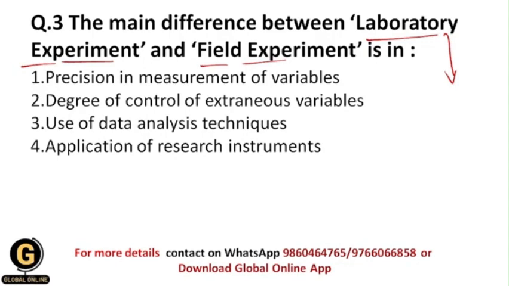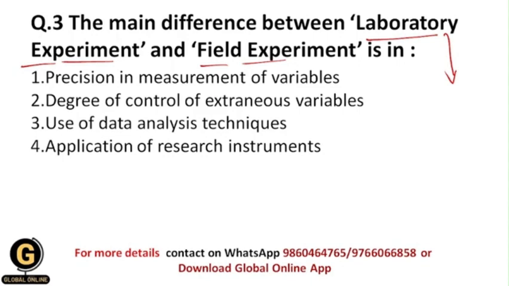Within the field experiment, as it is wholly natural, we don't have proper control on the extraneous variables. Basically, extraneous variables are variables which the researcher doesn't want to study, but because of them there is a false effect on the results of our research study.